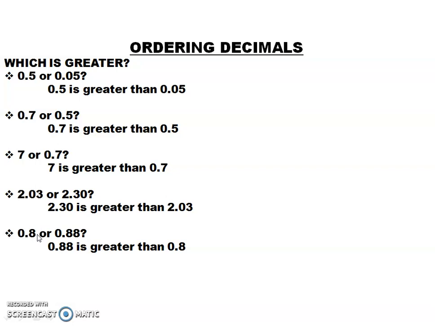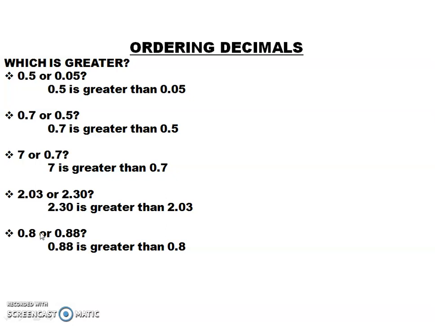You cannot see a second digit in the first decimal number. So you will consider it as 0. If you don't have any number here, you will consider it as 0. Next, what about the second number? It is 8.